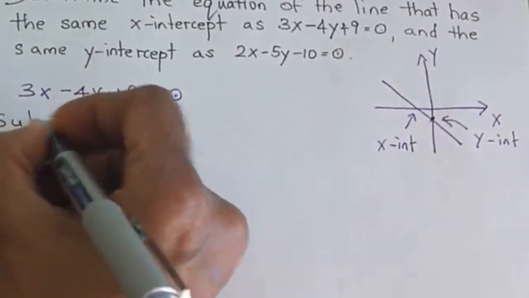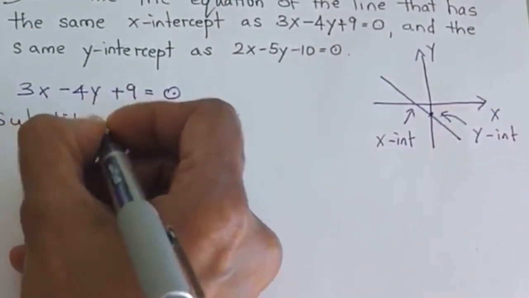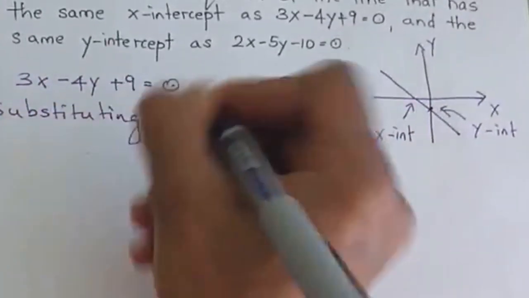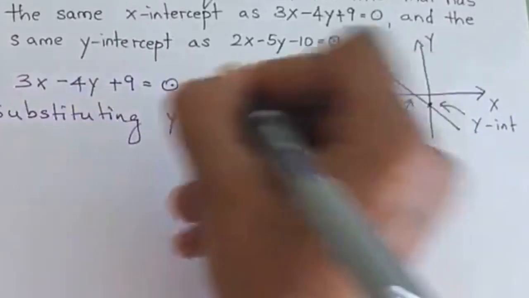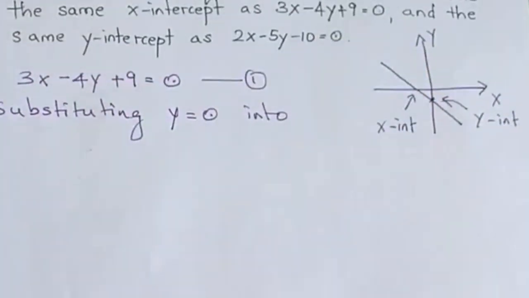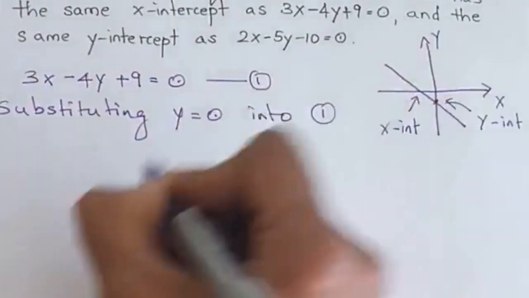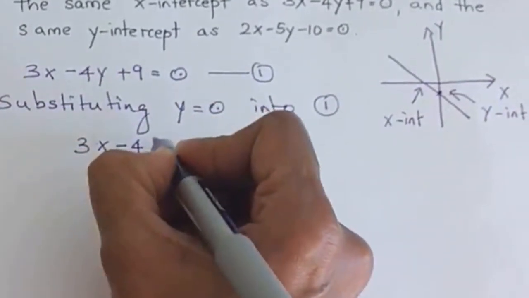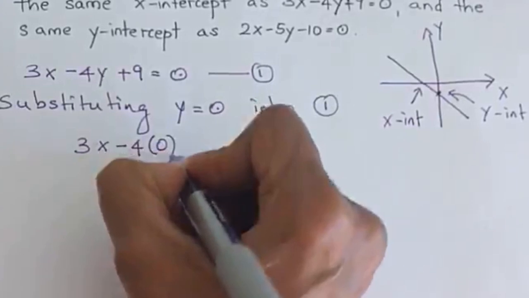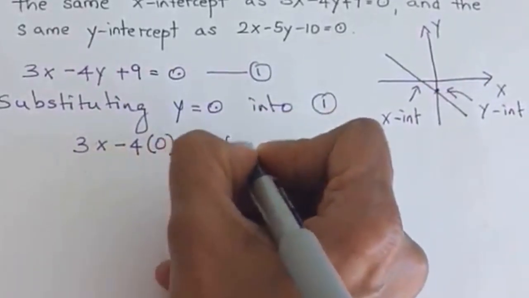Substituting y equals 0 into equation 1: 3x minus 4 times 0, plus 9 equals 0.